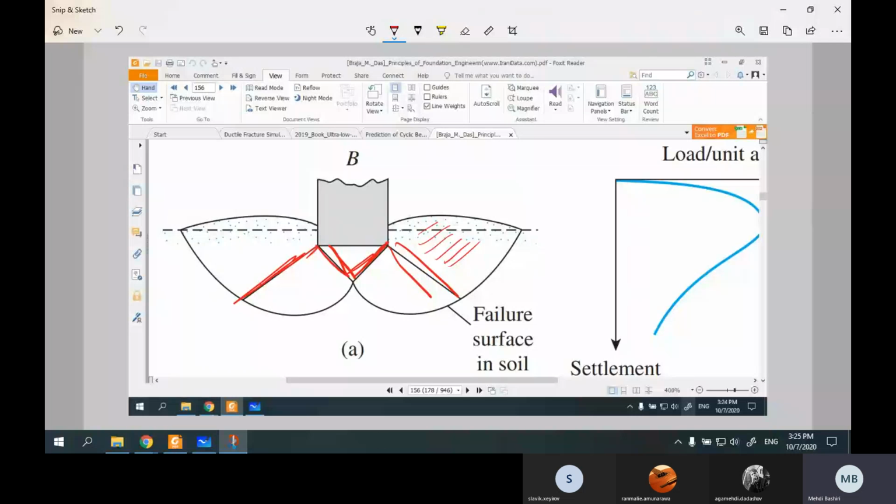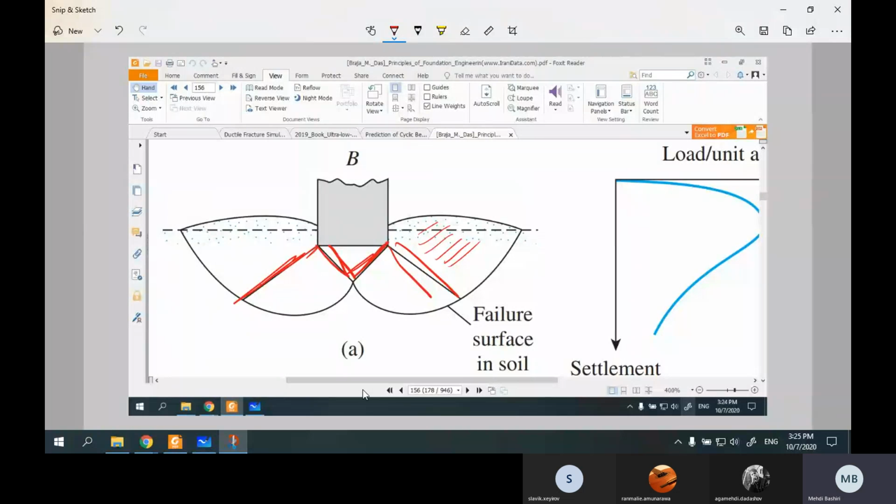So as I said, for example, when you work with tires, the failure is explosion. When you work with steel rod, the failure is rupture. When you work with brick or masonry walls, the failure is crushing. And when you work with soil, the failure is like this. We call it the failure surface of the soil.